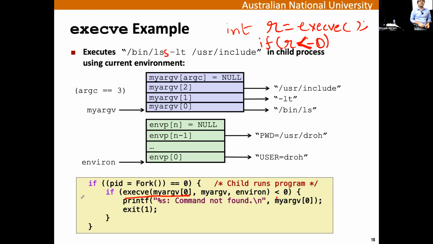Okay, I see what you're saying. If it returns, then we will go to printf. Yes, you're right, it's possible to remove the if statement. Good. Let's check that in the next lab, what happens.